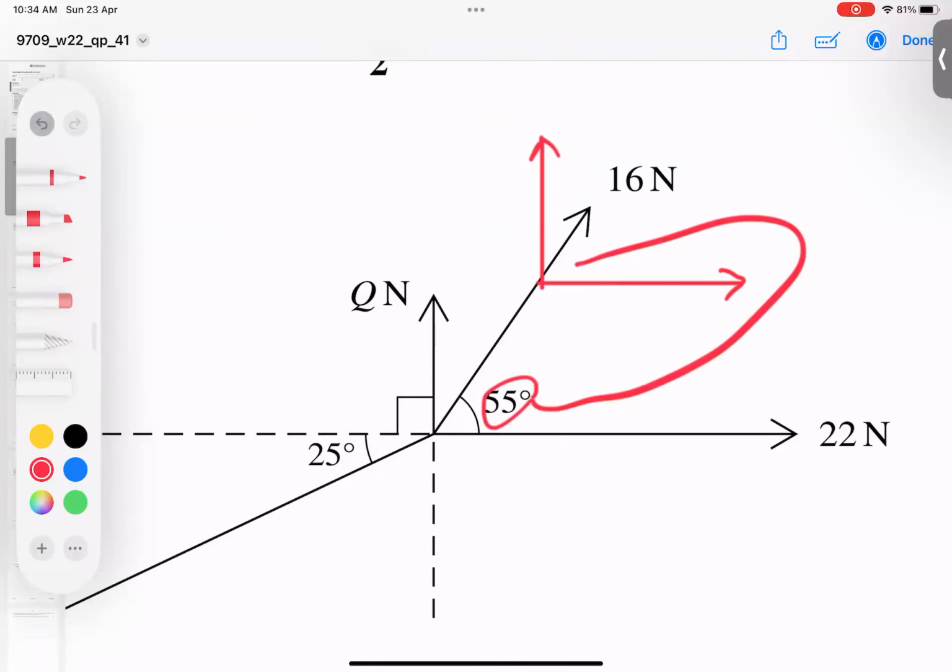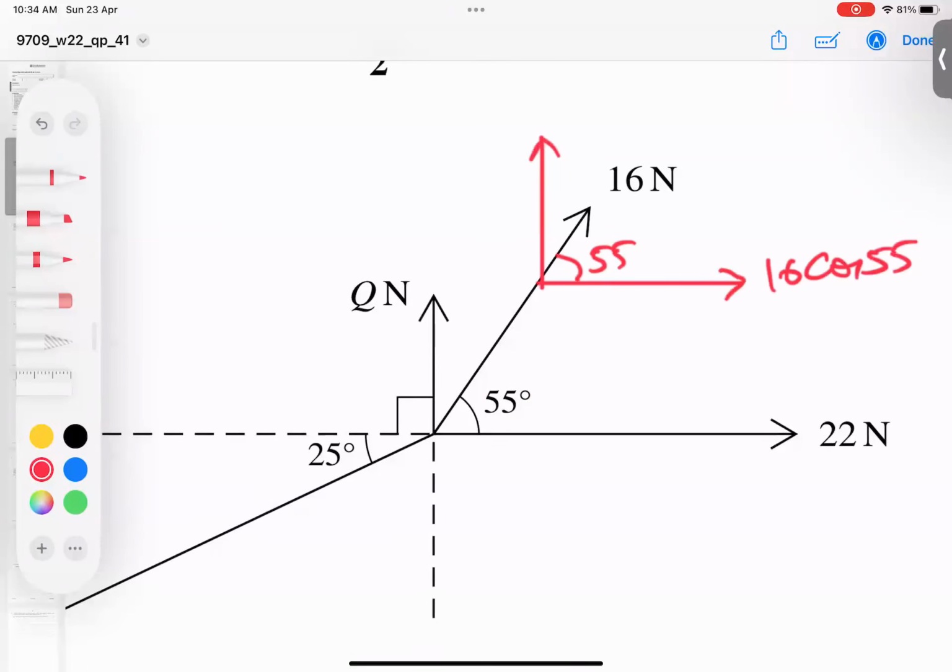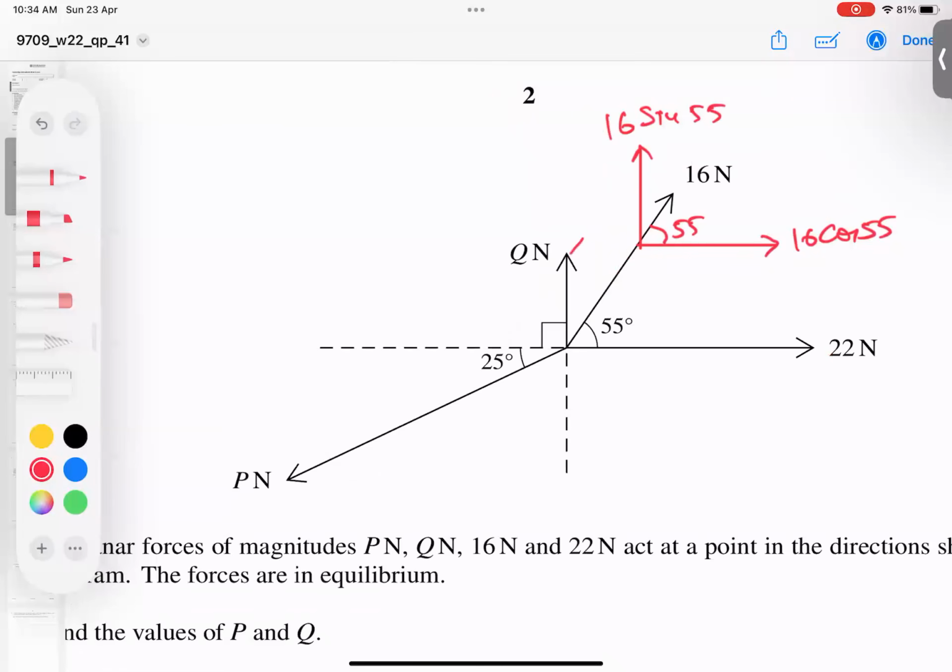Because this angle is the same here, this will become 16 cos 55, and this will be 16 sin 55. I hope that is clear. This acts parallel to the y-axis, so there is no component for both.